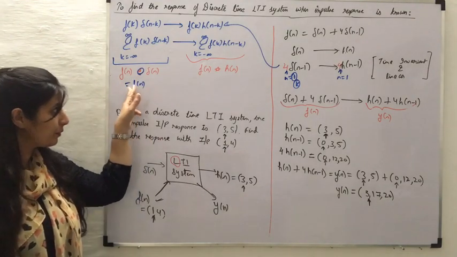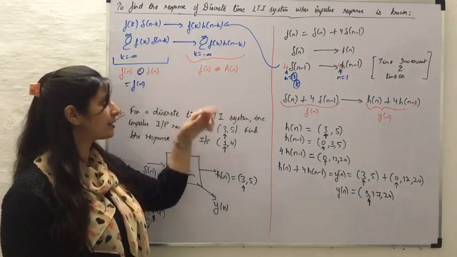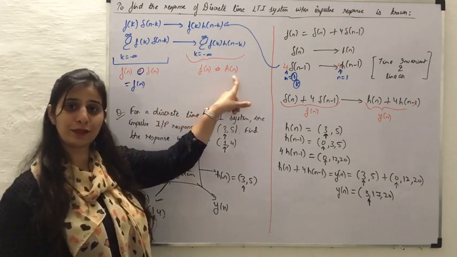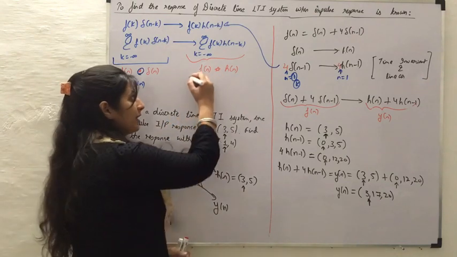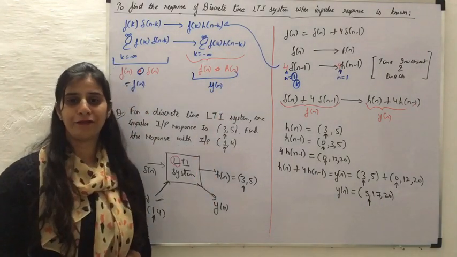But when you look at the output side of the system, this gives us the input signal convolved with the impulse response of the system, and this then produces the output signal that we want, which is y of n.